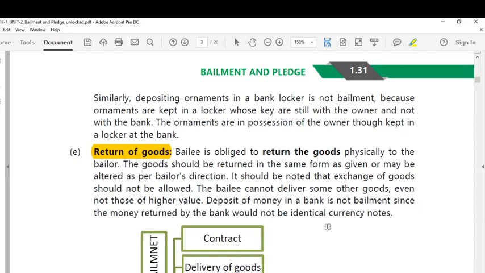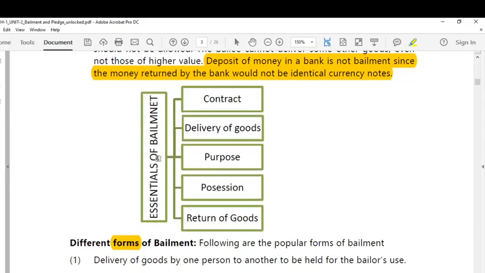Deposit of money in a bank is not a bailment since the money returned by the bank would not be identical currency notes. So that is why the deposit of money in a bank is also not considered as a contract of bailment. If you see this, the essentials of a bailment: one, there should be a contract and there must be a delivery of goods.